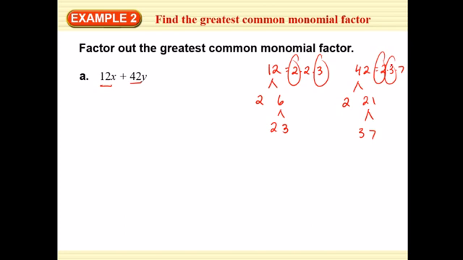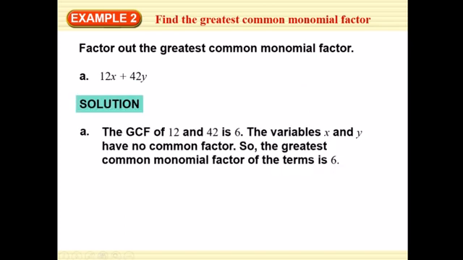Alright, so the greatest common factor equals 6. So yet again, a little bit of review is on page 910 to find the greatest common factor. So what that means is I can take that greatest common factor of 6, which goes into 12 and 42.